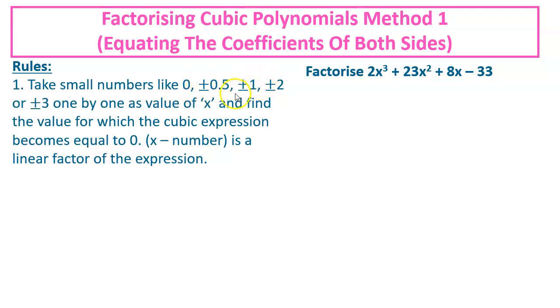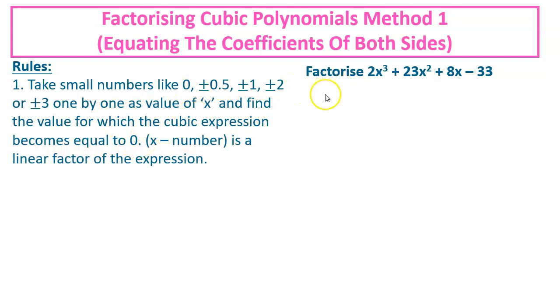After you go to at least plus 2 and minus 2, you can come back to plus half and minus half. At least I usually do that. I first of all don't go to the fraction part, and take these values one by one as the value of x and find the value for which the cubic expression becomes equal to 0. So let us see.